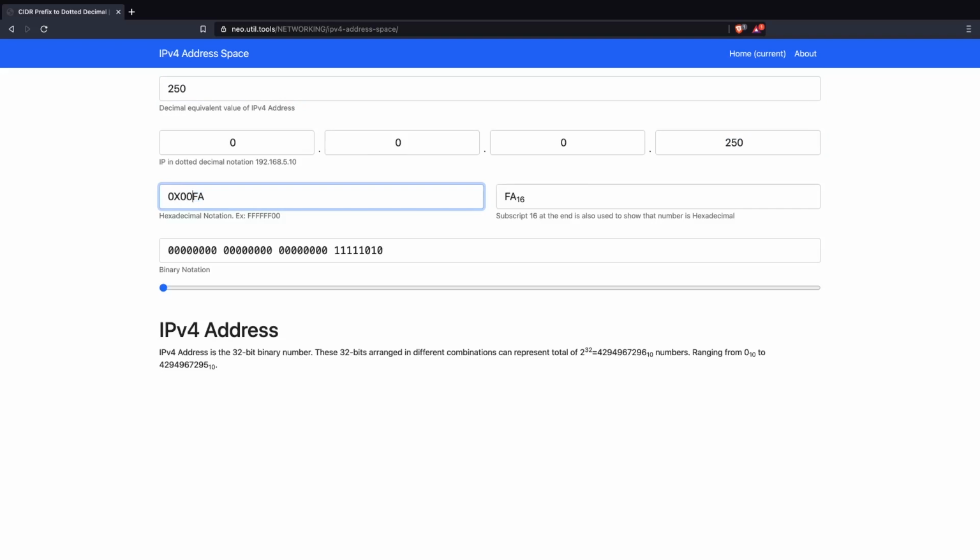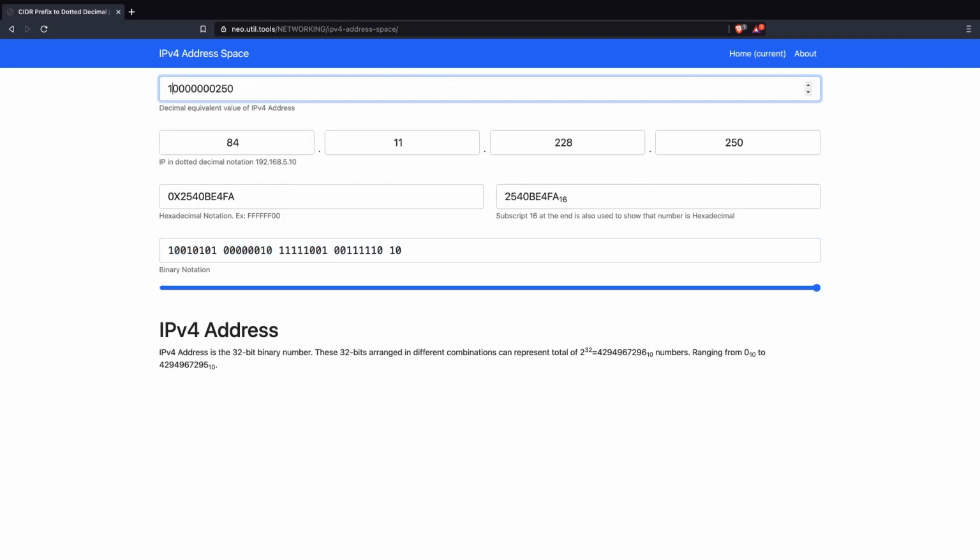And in hexadecimal, you can put any number of zeros in front. Having zeros here doesn't change the value. Do you get it? In here also I can put any number of zeros, but the value won't change.